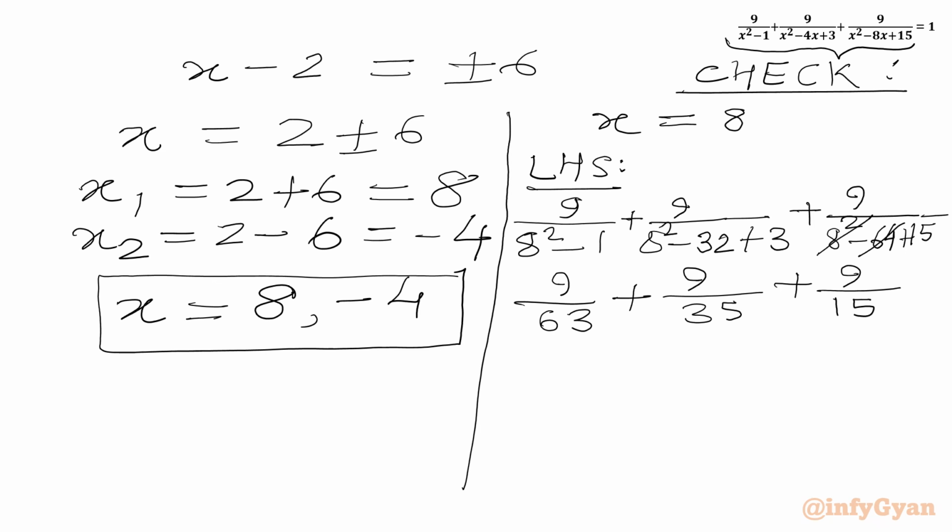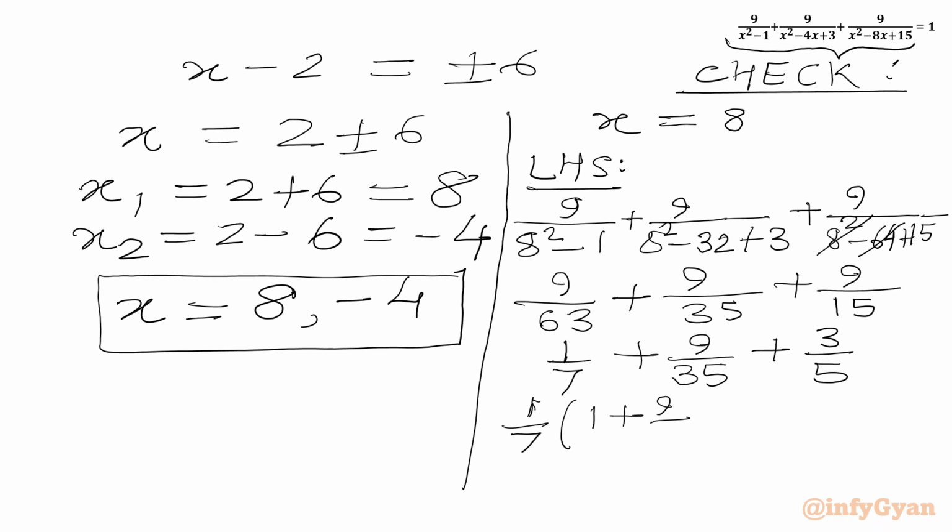Now 9 over 63 is 1 over 7, plus 9 over 35, plus 3 over 5. Now I can take 1 over 7 common from the first two terms. So I will write 1 over 7 times (1 + 9/5) plus 3 over 5.